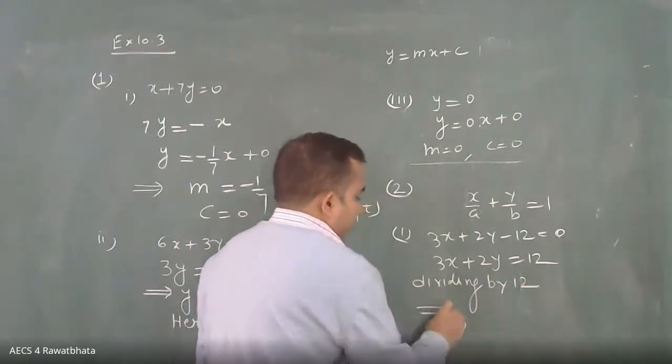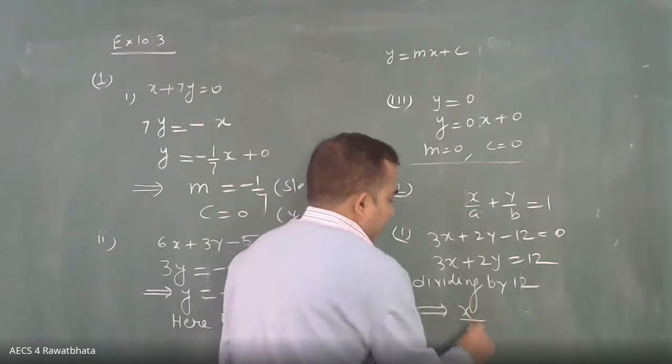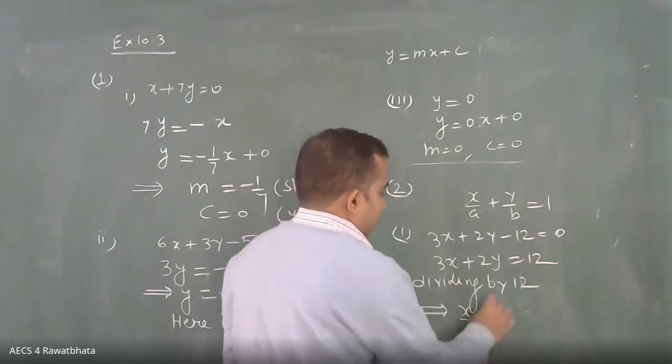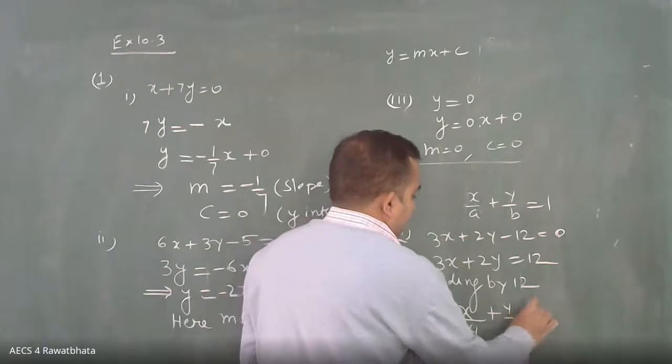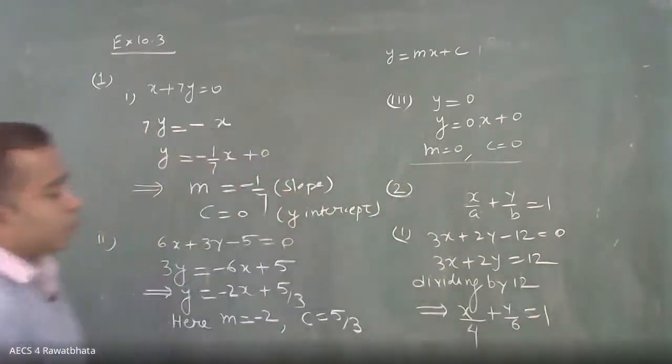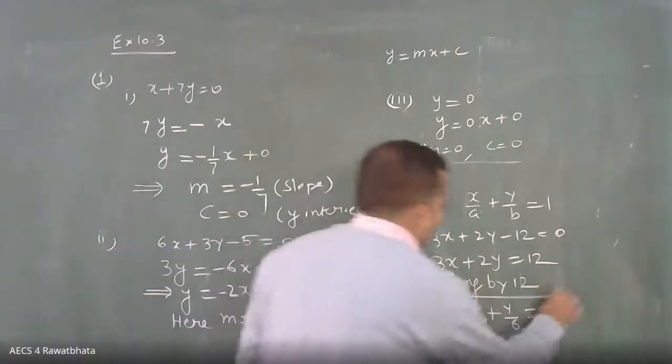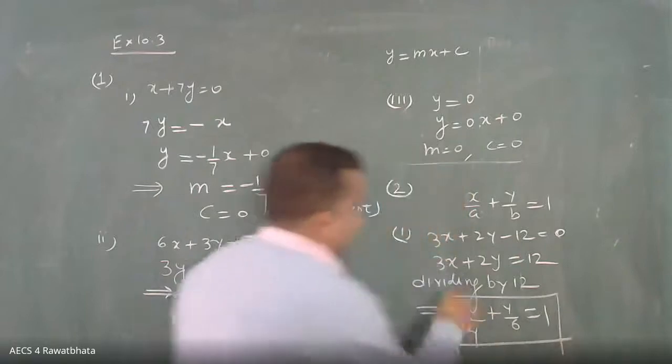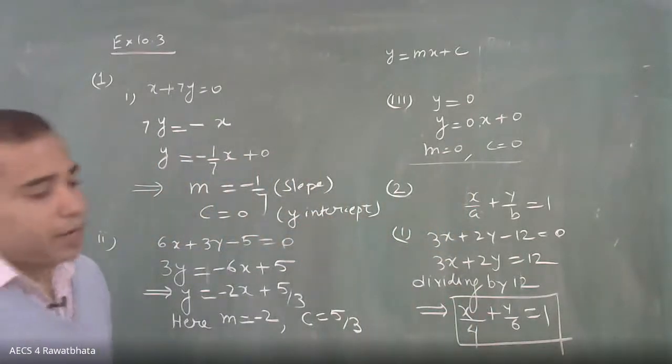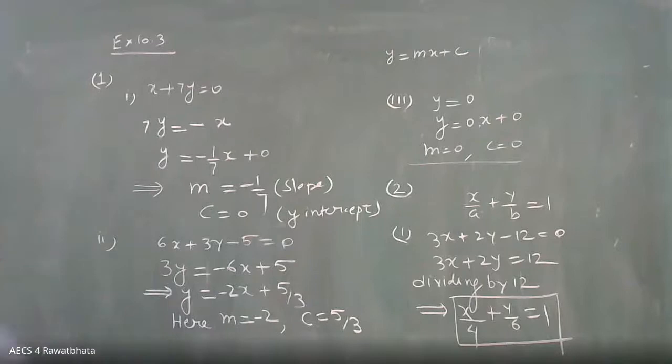If you divide by 12, it will become x upon 4, since 3 fours are 12, plus y upon 6 equal to 1. So this is intercept form, and the x-intercept is 4 and the y-intercept is 6. These two you can write.